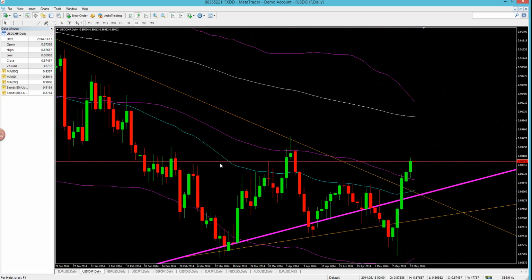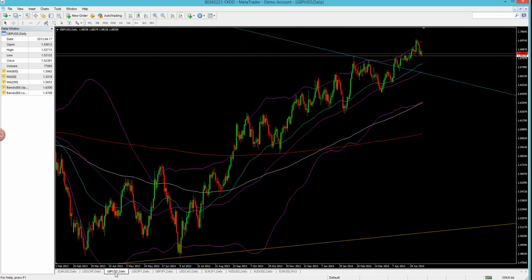I think we can have a continuation here on the buy side for the dollar Swiss. So we're going to look and see where price goes from here. We don't have a trend line. We do have horizontal resistance here at the double zeros. So we'll keep our eye on that.